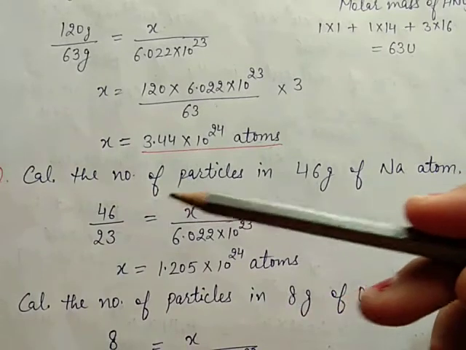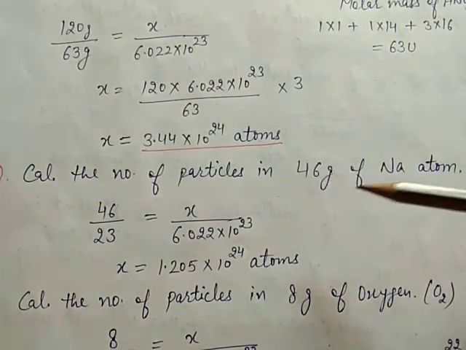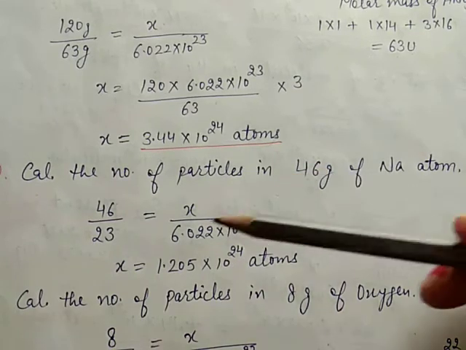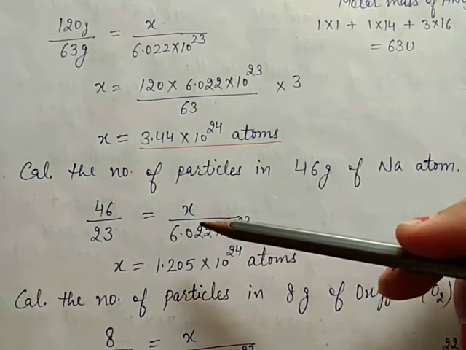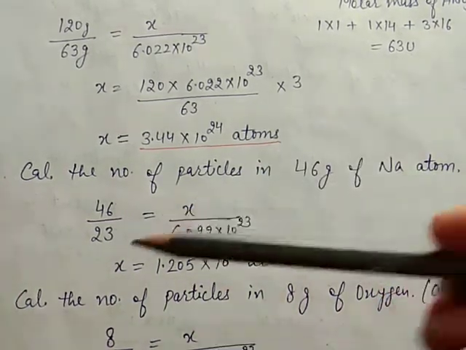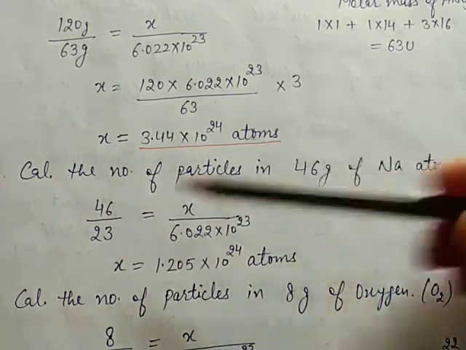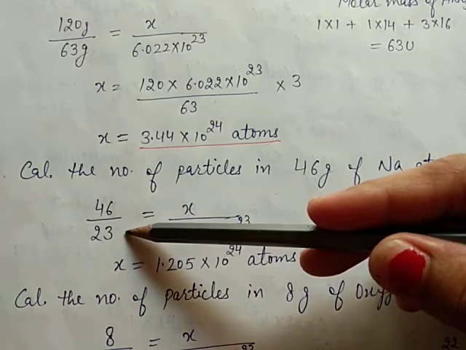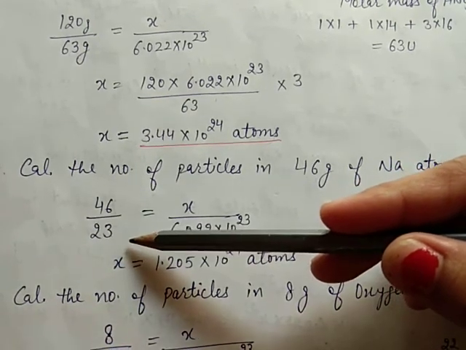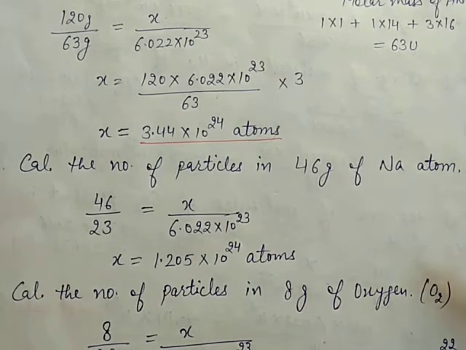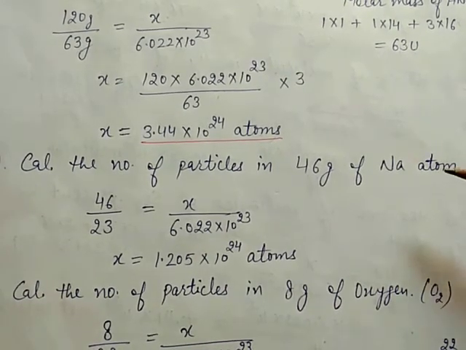Next question: calculate the number of particles in 46 gram of sodium atom. Here mass is given, we have to calculate the number of particles. Same formula is applied here. Number of moles is equal to given mass, that is 46, divided by molar mass. Molar mass is not used here, this is the atomic mass, because sodium atoms are present, not in the form of molecules.